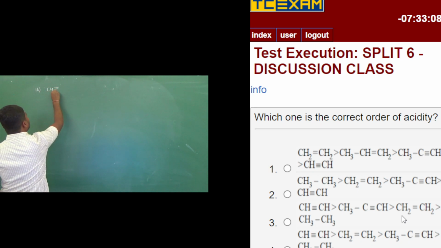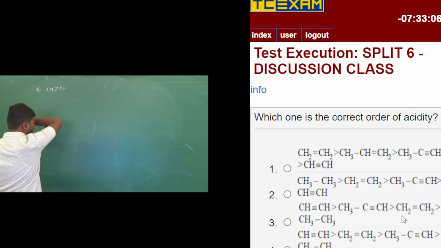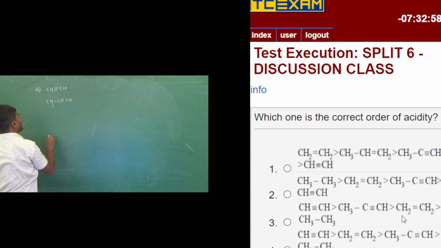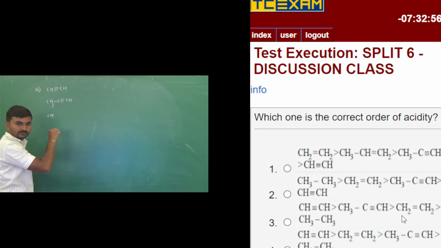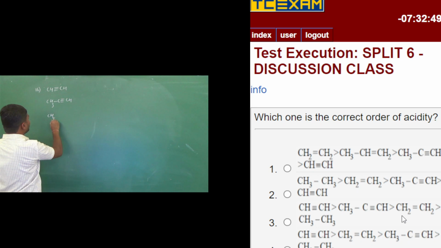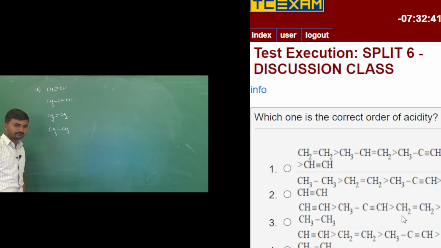If we compare the acidic strengths of, first one is alkyne followed by CH3C triple bond CH, followed by CH2 double bond CH2, followed by ethane CH3 single bond CH3.